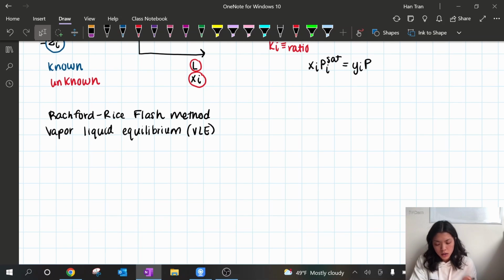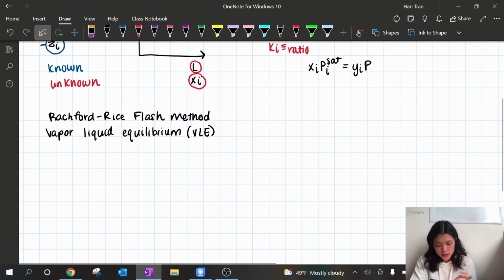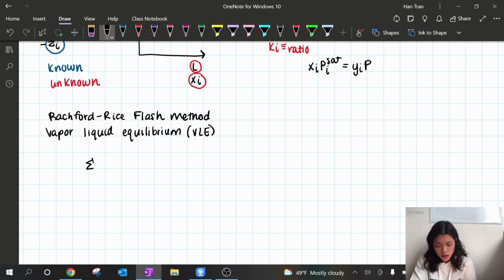And so something that we know is that the summation of the vapor mole fractions minus the summation of the liquid mole fractions is going to equal 0.